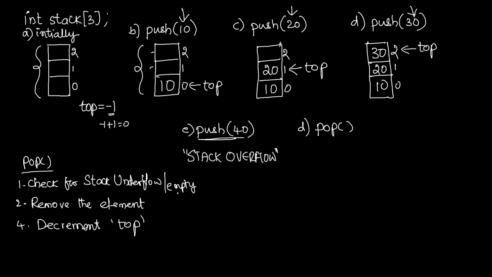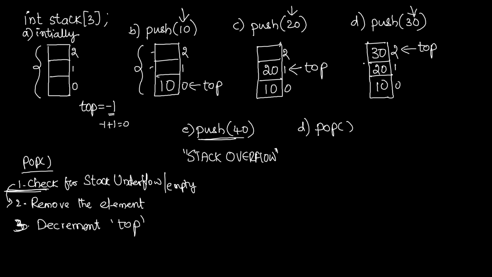If the stack is not empty, then only you come to the second step. Otherwise, if the stack is empty, you have to stop at this point. The second is remove the element, and the third is decrement the top.